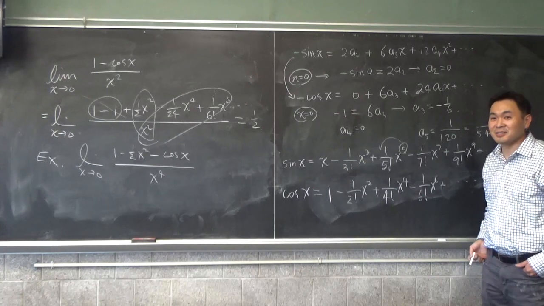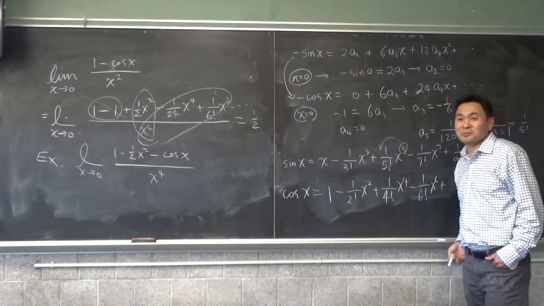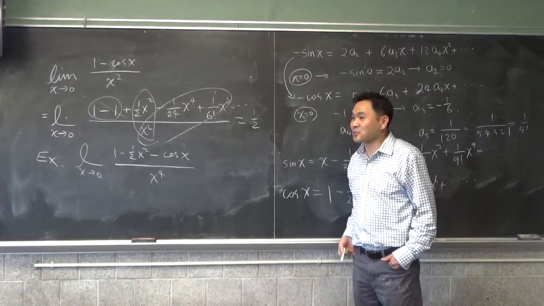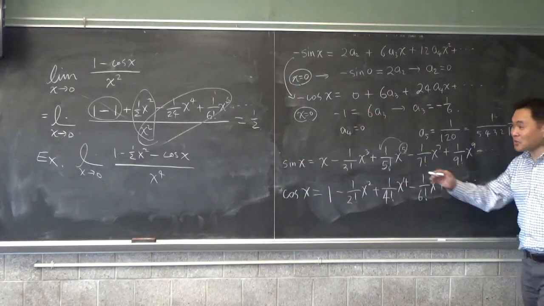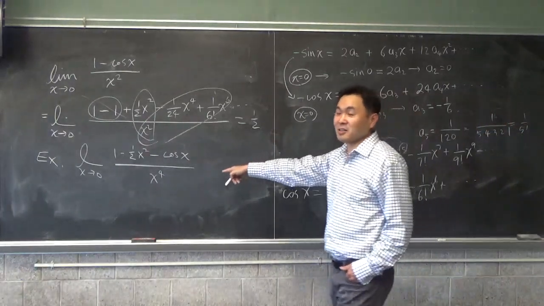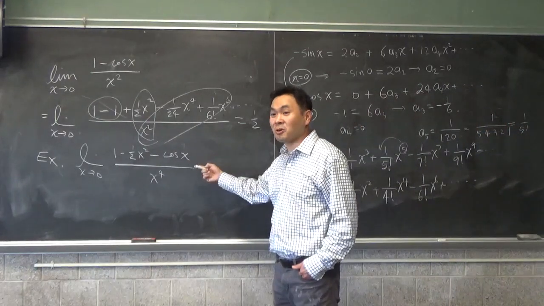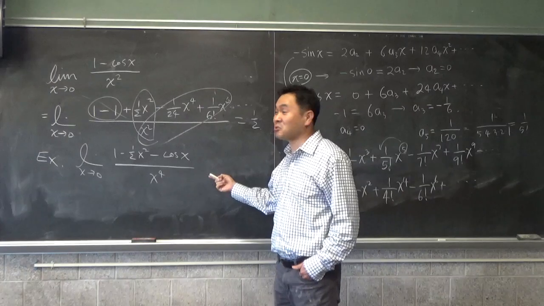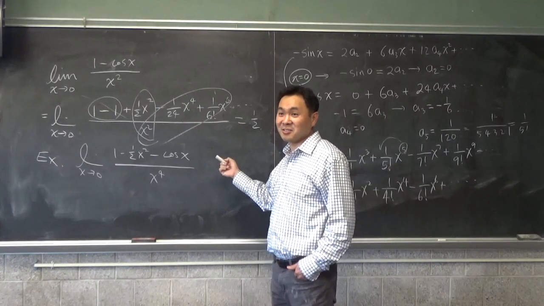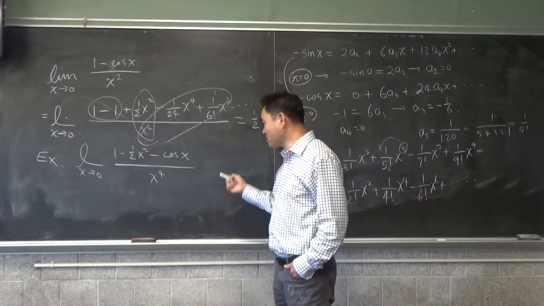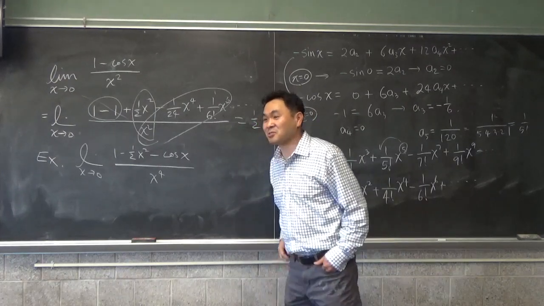It would be negative 1 over 24. So if you understood what I just said, you can get that answer right away. As opposed to if you use L'Hopital's, you have to use it 4 times. It's a lot of work. So that's another nice thing about the Maclaurin series.